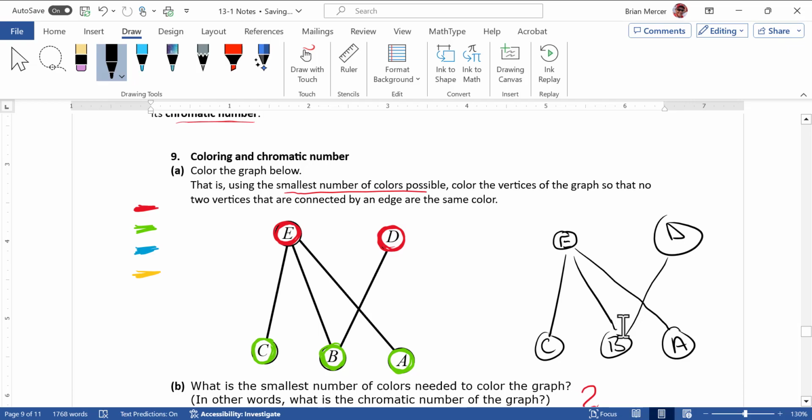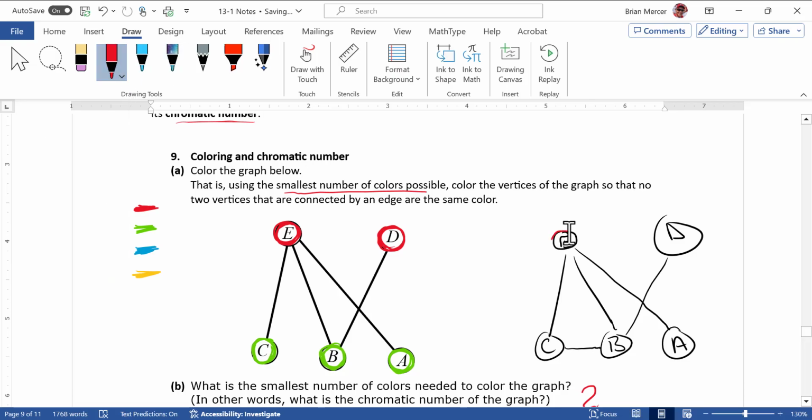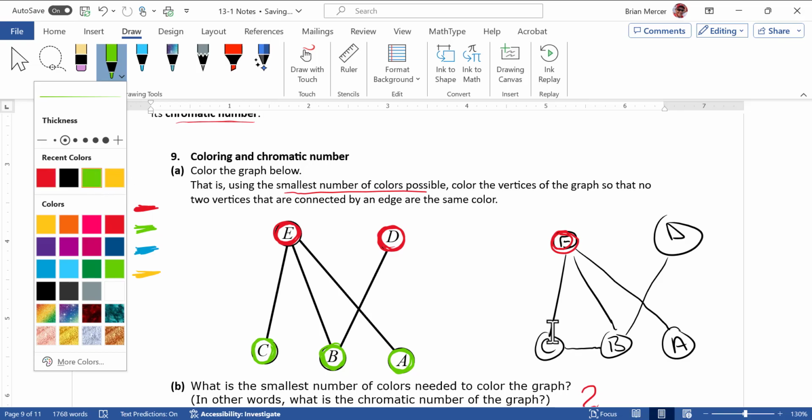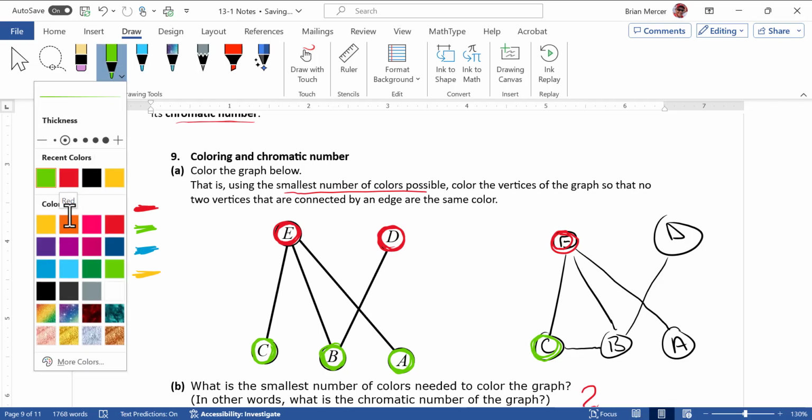Now if we also add one more edge and start back with that, notice B can't be red and it can't be green. So now I've got to go to a third color. It's got to be blue.